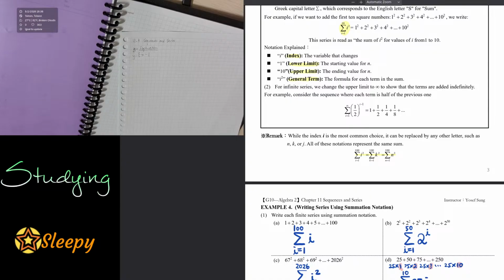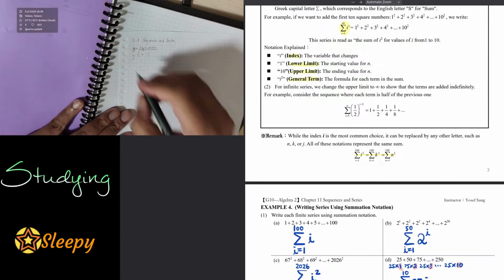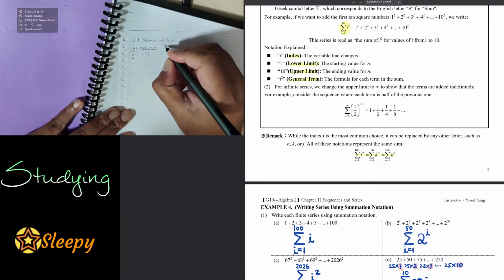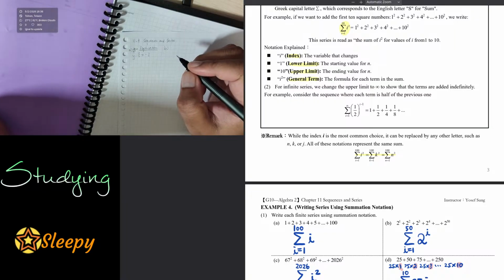Okay, B is... So okay, A10, the first one is easy.